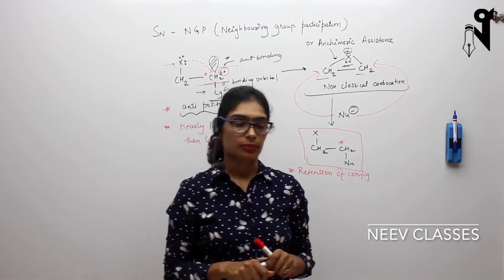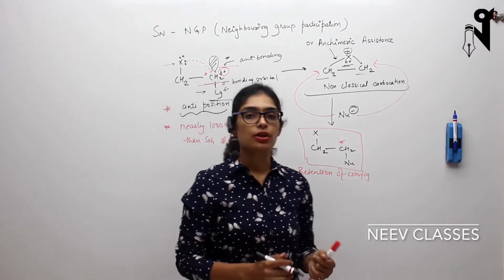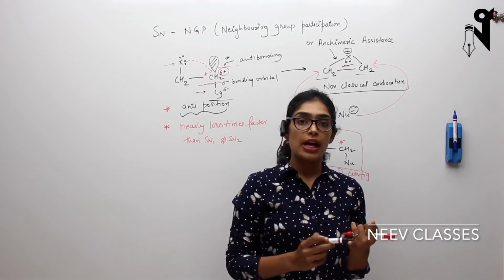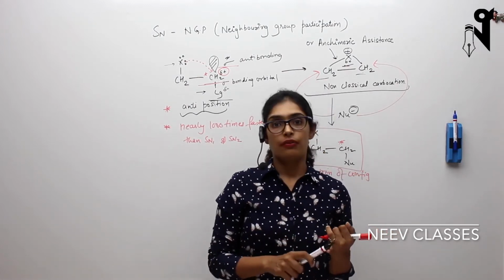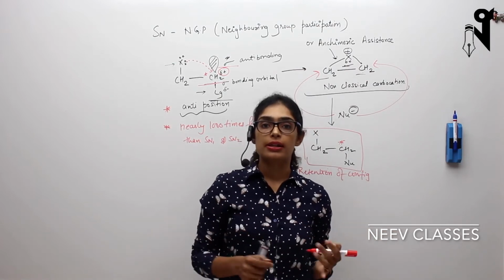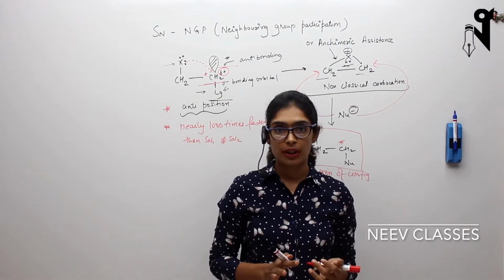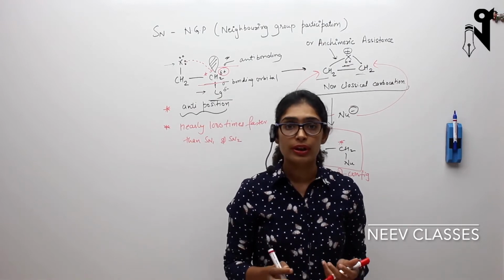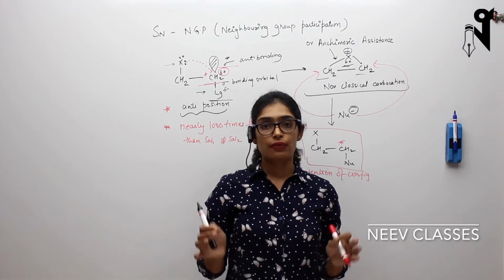and hence will retain the configuration. So what are the two important points of this reaction? First, for this reaction to happen, the two groups which will participate in the substitution reaction should be in the anti position with respect to each other. And second, once the product is formed, retention of configuration will take place.